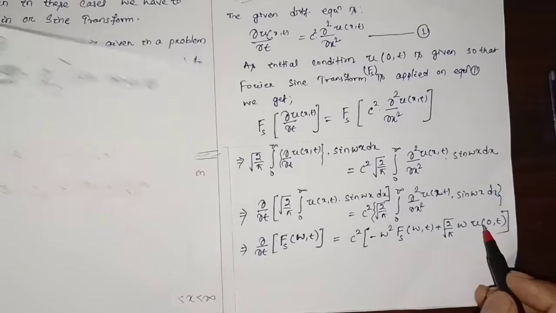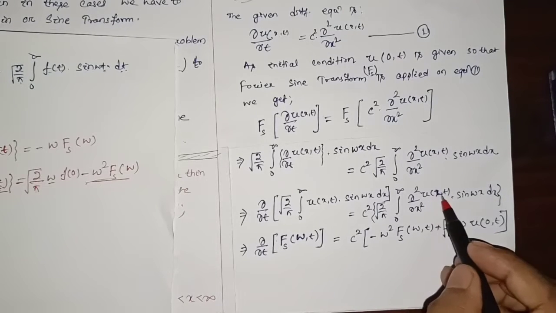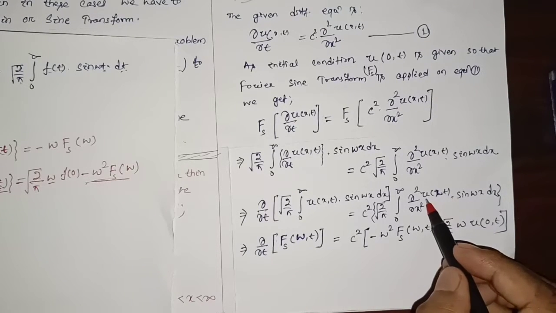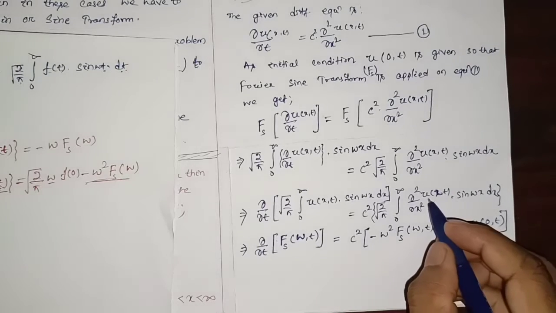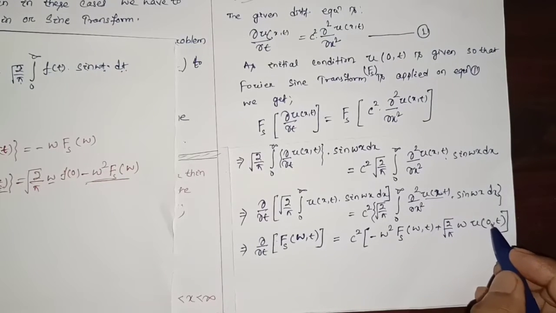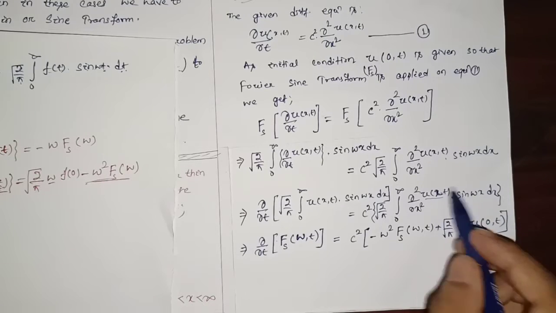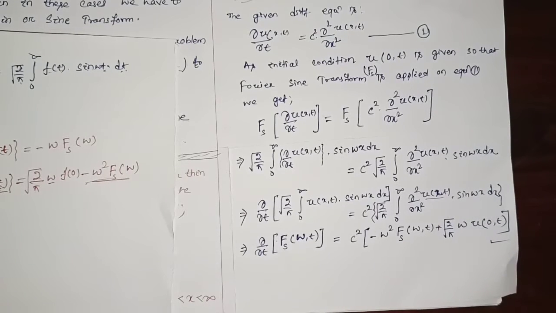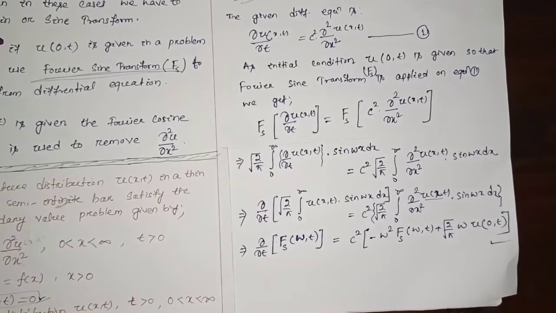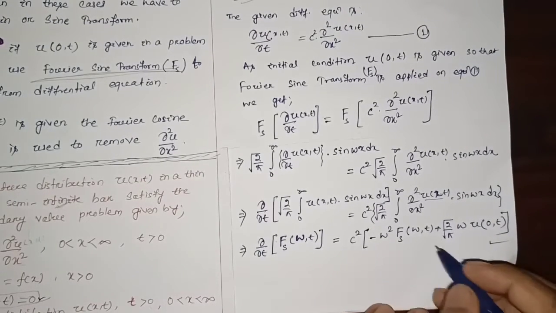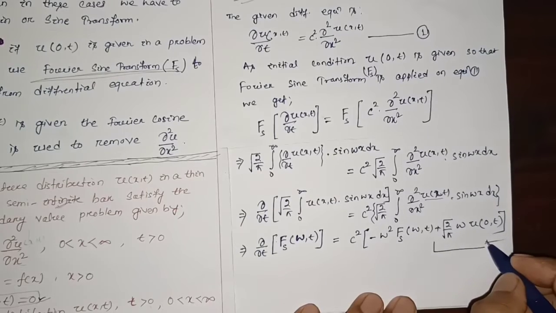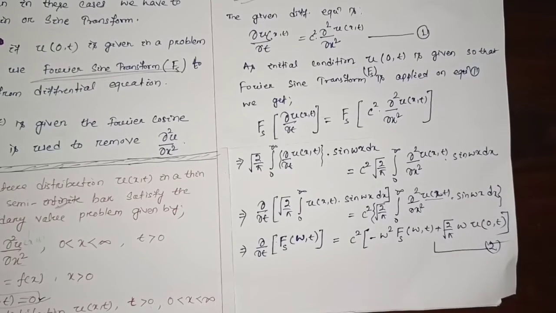So here u(x,t) is the function, so instead of x we have to write 0, because the Fourier sine transform is applied on the x variable. Okay, then let this be equation number 2.